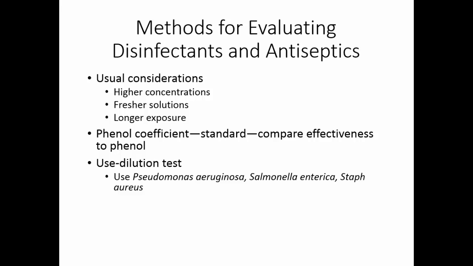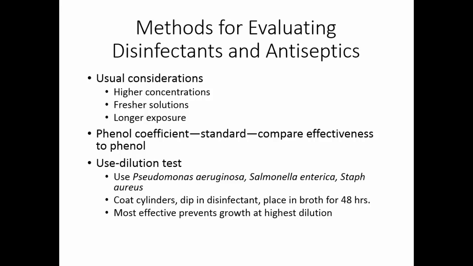These are 3 very resistant organisms. You use these organisms to coat cylinders that you dip in the disinfectant you're testing, and then after rinsing the disinfectant off, you place the cylinders in broth for 48 hours. The most effective disinfectant is the one that prevents growth at the highest dilution. This has now become the current standard in the United States.